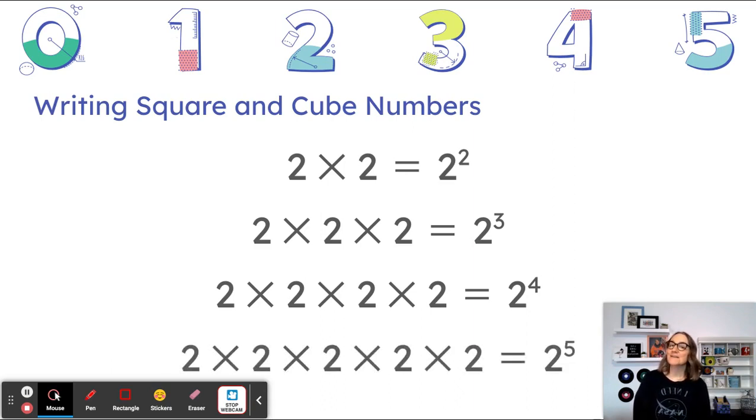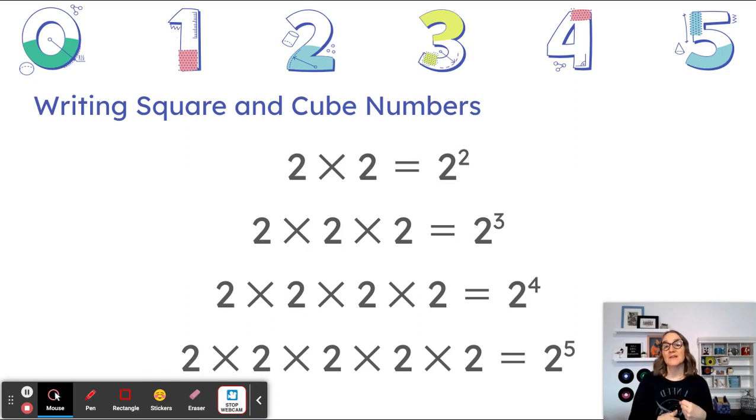And those tiny little numbers in the upper right-hand corner that tell you how many times to multiply a number by itself, they're called exponents. And they just mean we multiply the number by itself, the number of times shown by the tiny little number. So when we say it out loud, we can say 2 times 2 is 2 squared. 2 times 2 times 2, or 2 times itself 3 times, is 2 cubed.